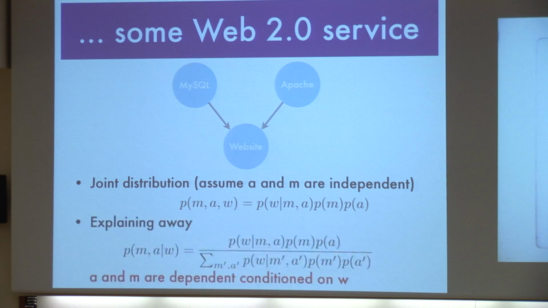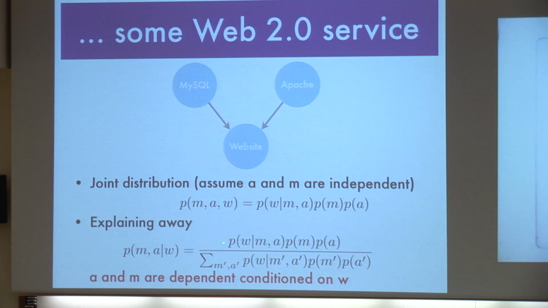Okay. So before, we could assume that essentially the behavior of the database and the web server are independent of each other. However, as soon as I observe the website, they stop being independent. So here's what happens. P of M and A given W is just this expression here. And now I need to normalize, by summing this expression over all M prime and A prime pairs.